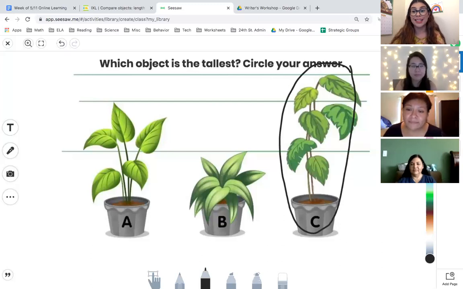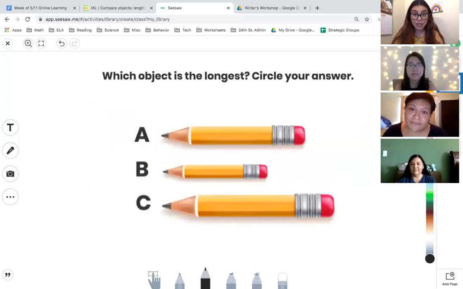And then I can go on to the next page. The next page is different though. Every object is lined up horizontally, right? They're laying down horizontally. They're not standing up, they're laying down. So we have A, B, and C, and it's asking which object is the longest. We need to make sure we're paying attention, the longest. Circle your answer.